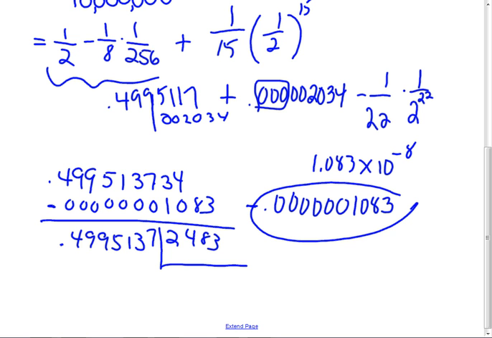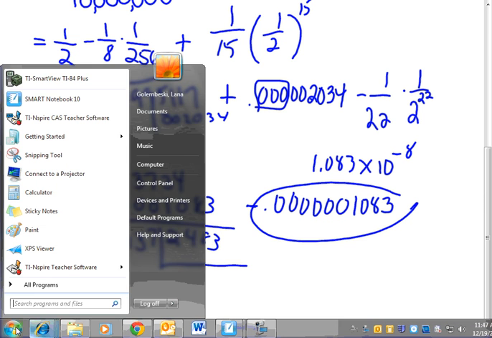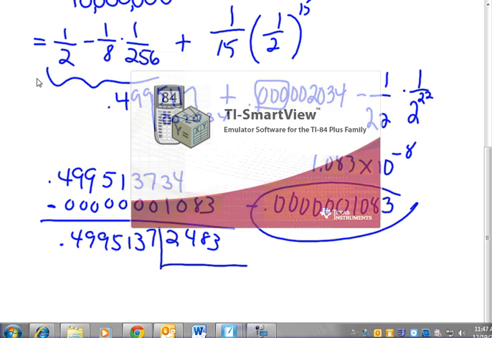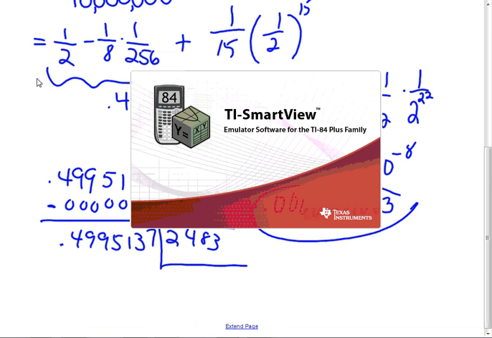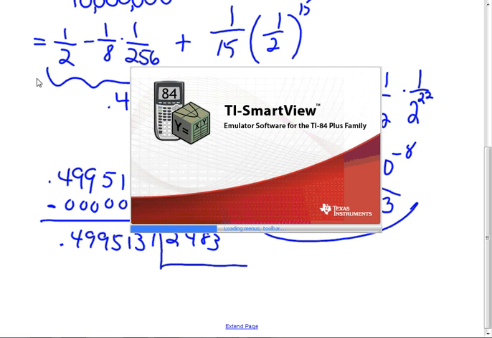So you guys, should we integrate that thing? Do you want to do it, or do you want me to do it? It's right there. 0.49. How many places did I do? 1, 2. I only did 3. It converges so quickly. The fourth one is so small, it doesn't affect the first 7 places.